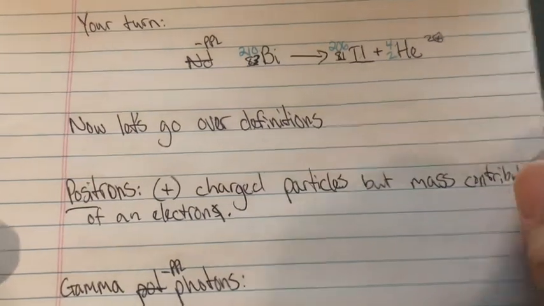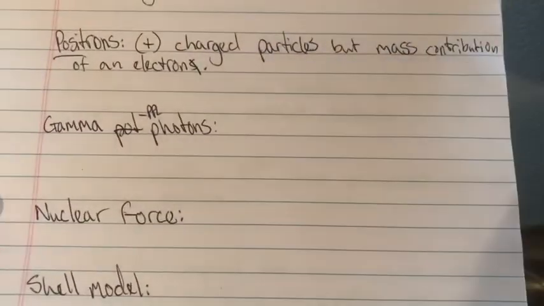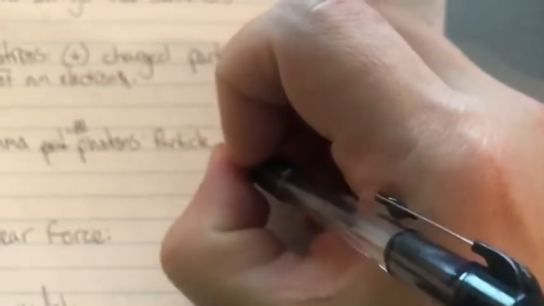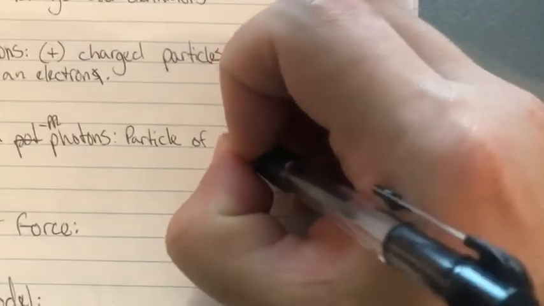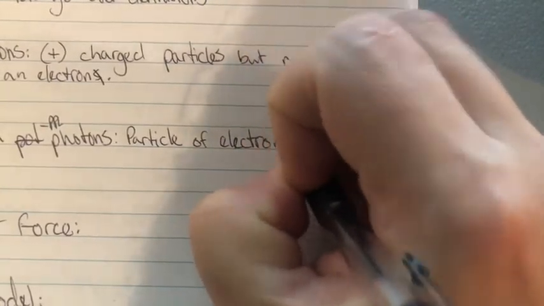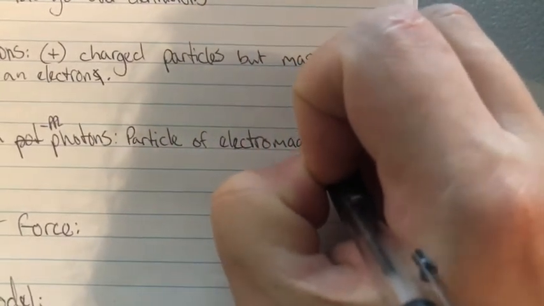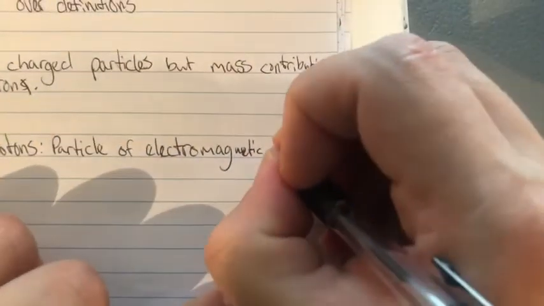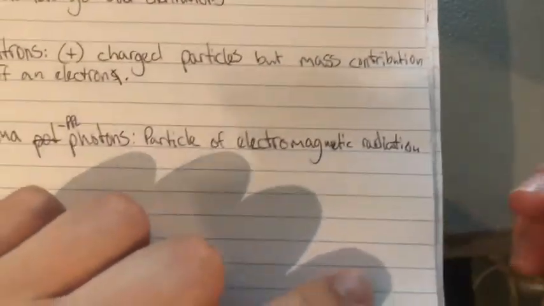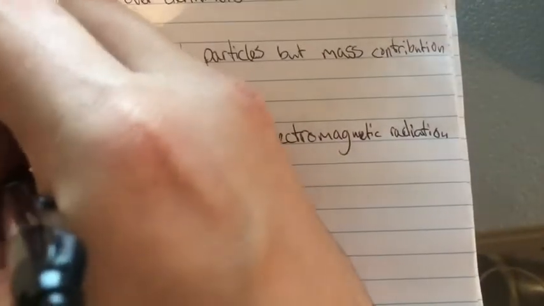Okay, so let's now look at a gamma photon. A gamma photon is a particle of electromagnetic radiation of short wavelength, or what?